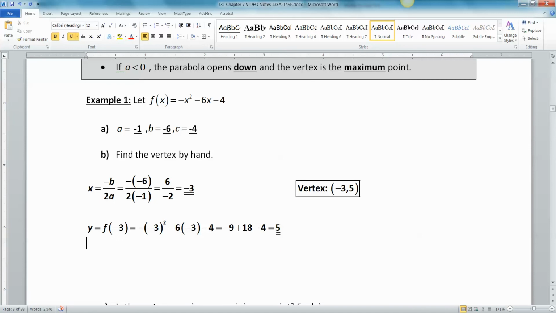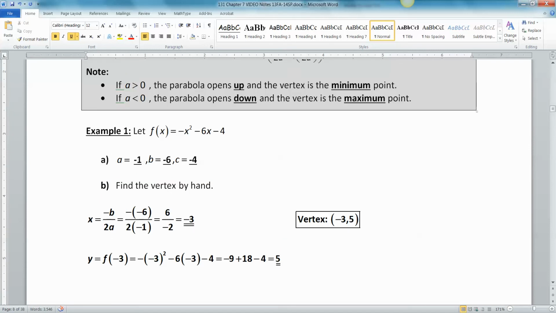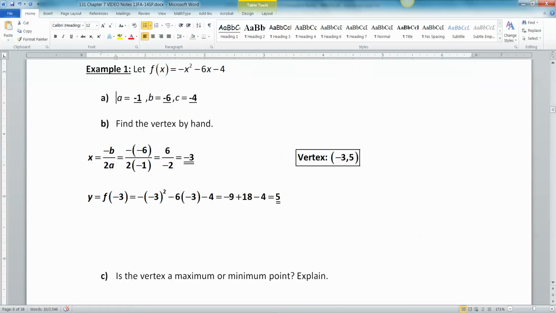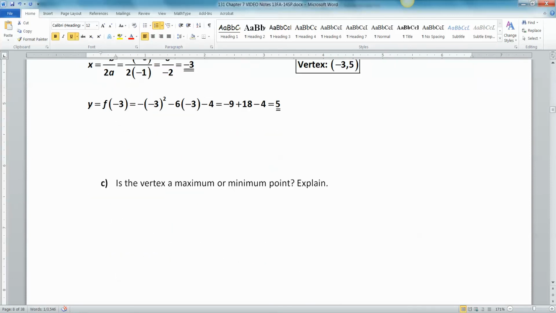Explain. Okay, so look at your a, right? If a is negative, then it's a parabola that opens downward, which means it's a maximum. If a is positive, then the parabola opens upward and the vertex is a minimum. So for our case, a is negative 1 right here. So that means that this is a maximum.